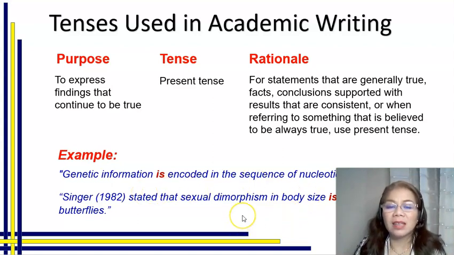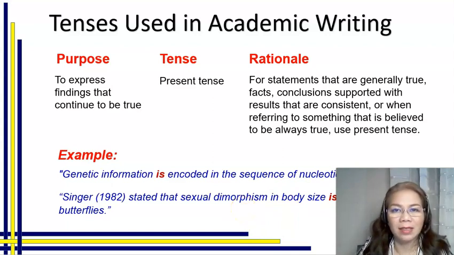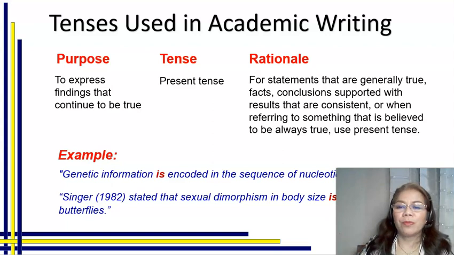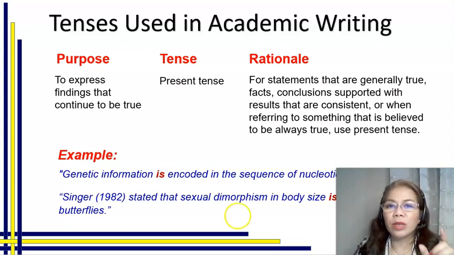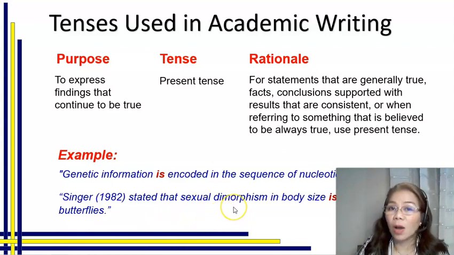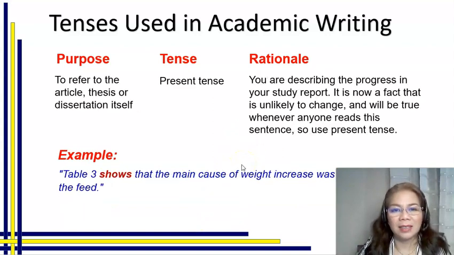It is a fact that sexual dimorphism in body size is common among butterflies. Again, whether you are studying that in the past, at present, or in the future, the fact will remain true. It will not change. Therefore, you use present tense.